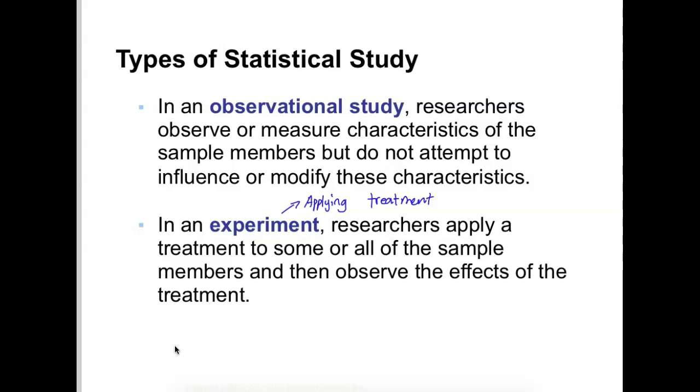And in an observational study, you can only really conclude association. An experiment is how we determine a causal relationship.